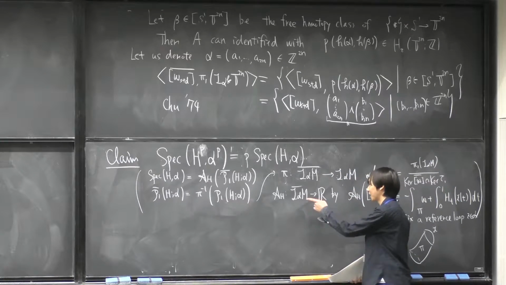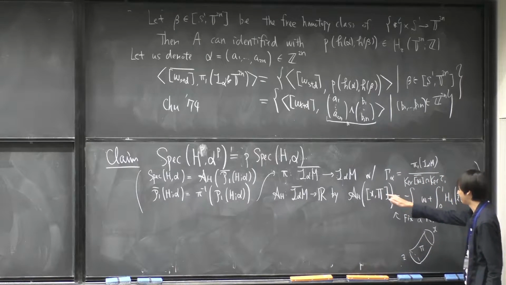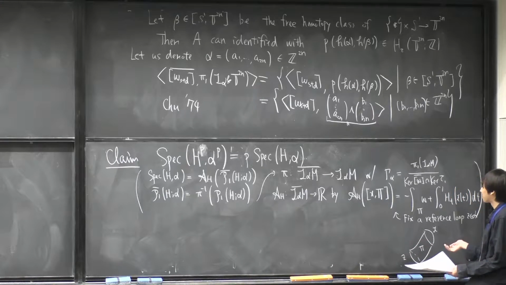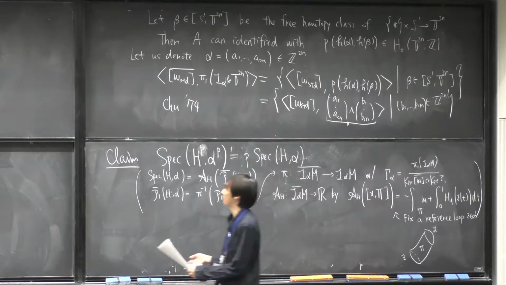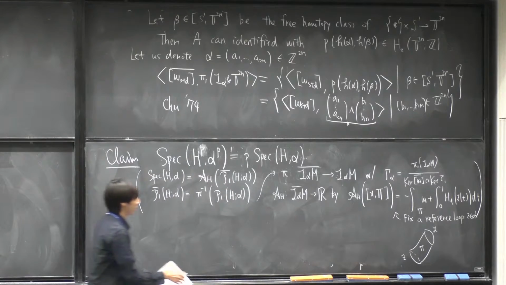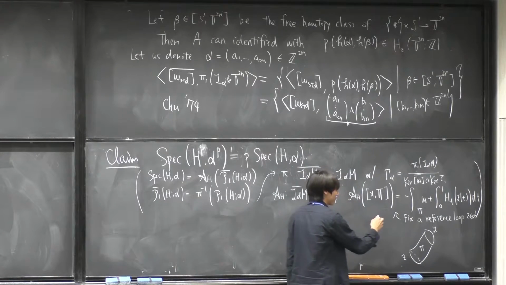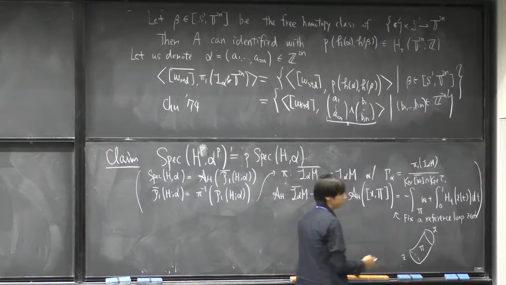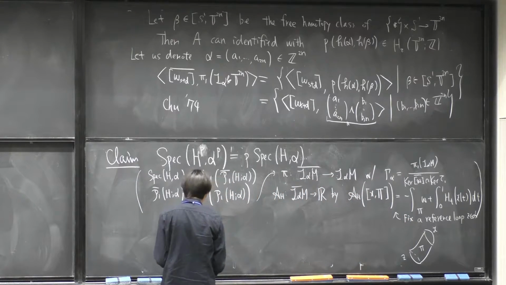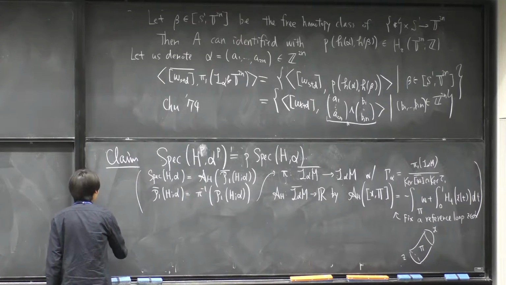Unless we consider the covering space, this action function is not well defined, because now we consider the non-toroidal case. In general, this action function depends on the choice of the capping, but now it's okay. And I prove this claim.